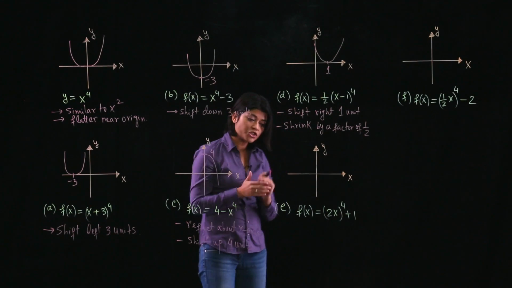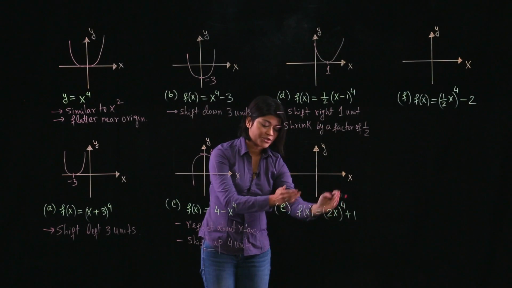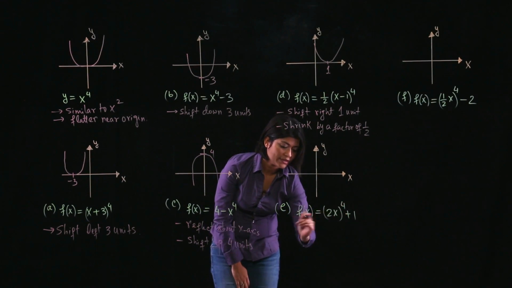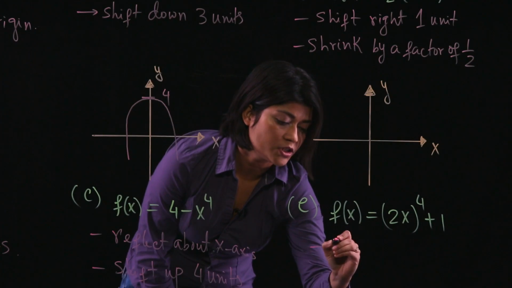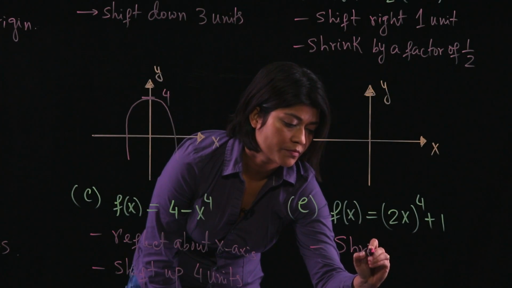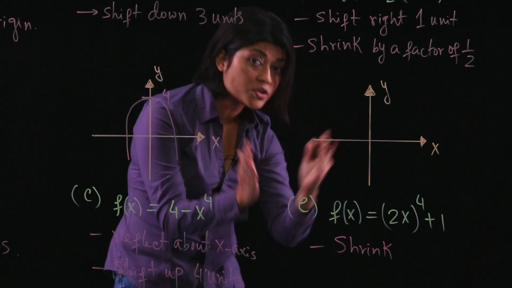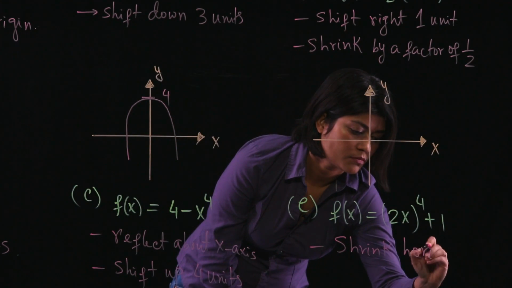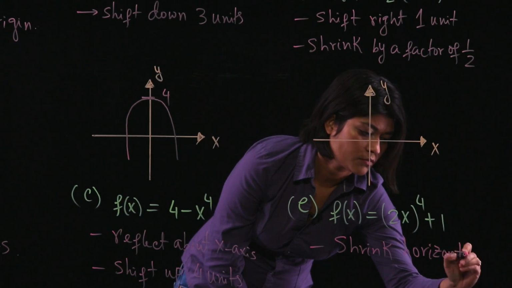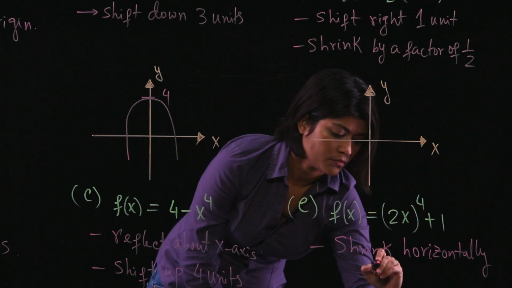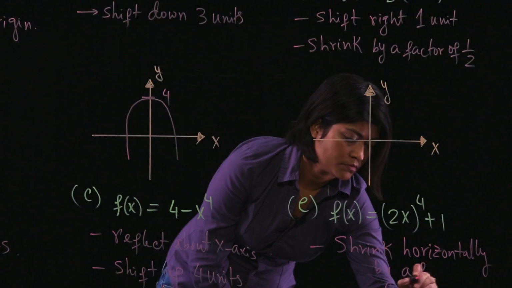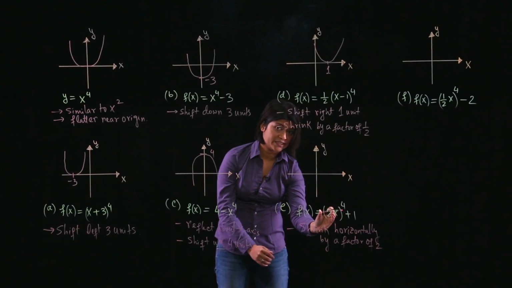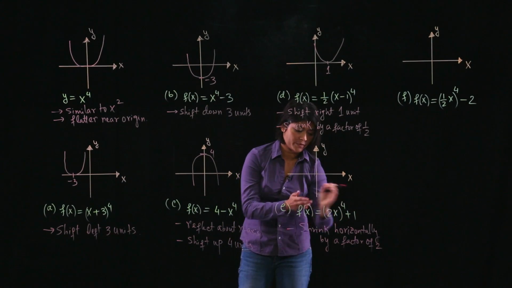Moving on, next function is 2x to the 4 plus 1. Now 2x to the 4, that means you will first shrink horizontally by a factor of 2. That's what it means by this term, 2x to the power 4.